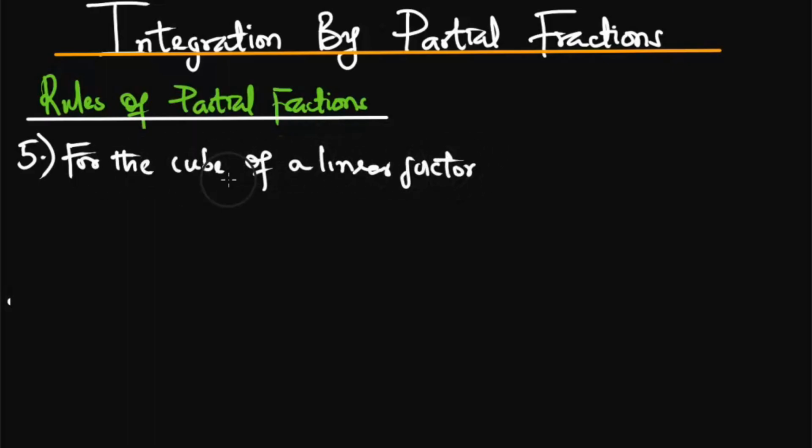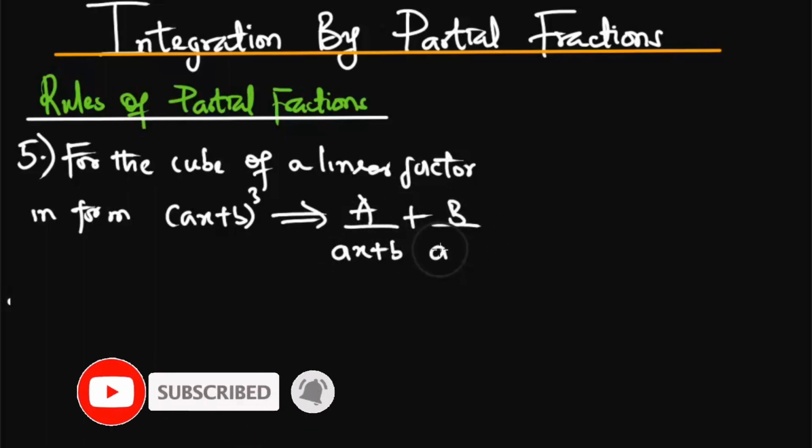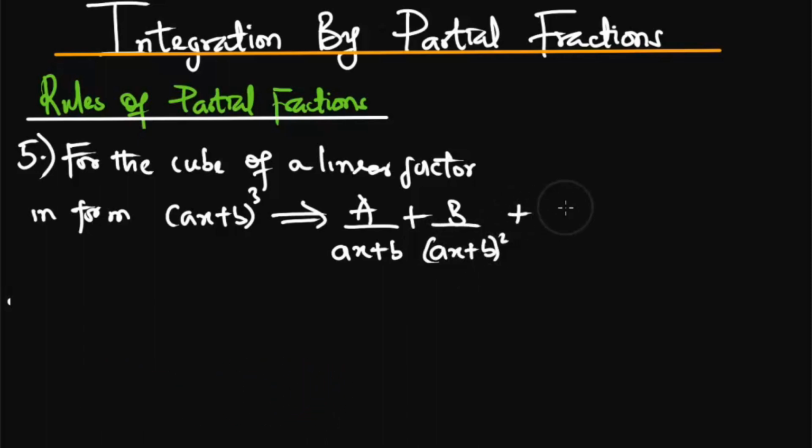Now, for the cube of a linear factor in the form ax plus b cubed, we express the partial fractions as A over ax plus b, plus B over ax plus b all squared, plus C over ax plus b cubed.